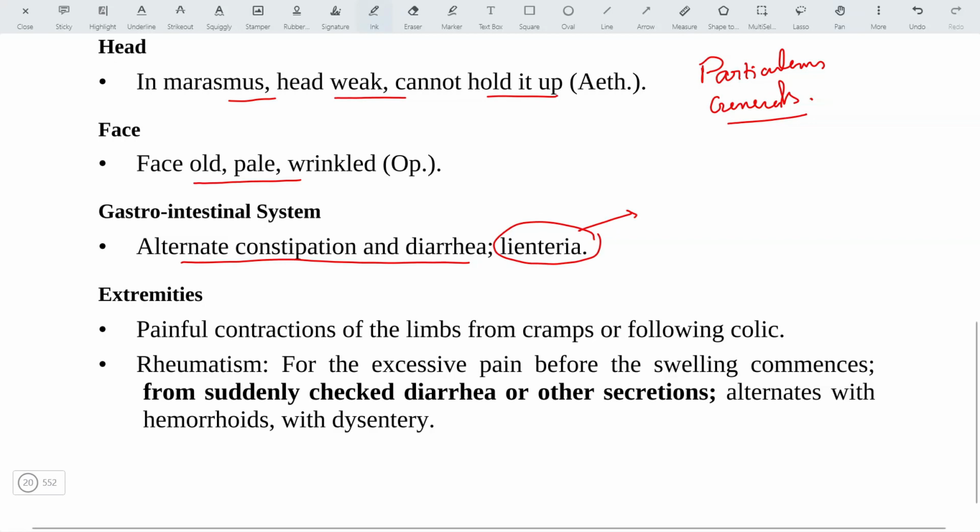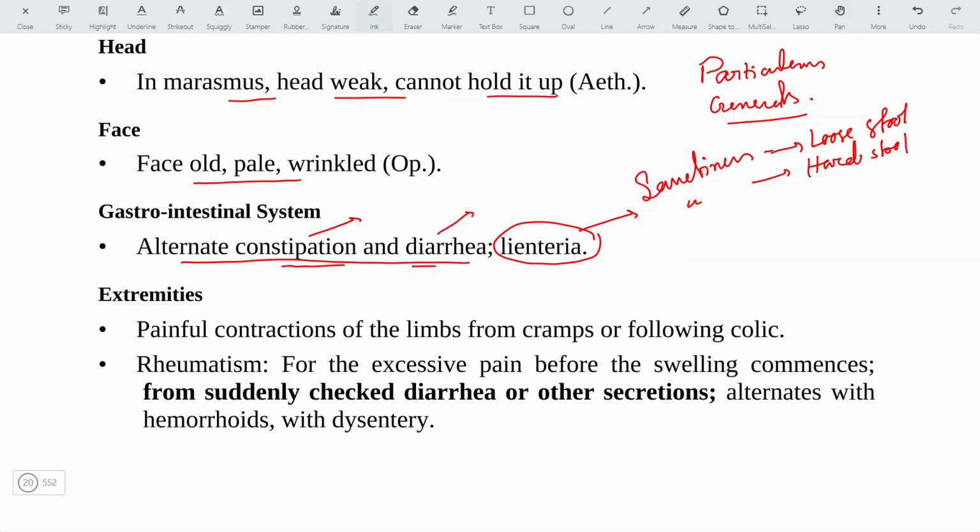Now, the patients are quite unable to digest the good food, and as a result sometimes the patient has loose stools, and sometimes hard stools, and that is the problem, so we say alternate constipation and diarrhea. It is not actual constipation, mostly the hard stool, and not actual diarrhea, that is the definition in medicine.